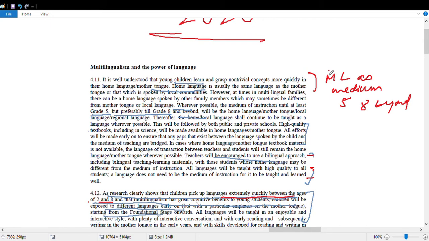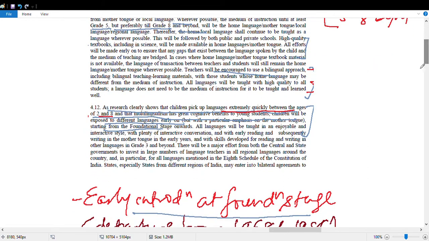But this is not the case that only the mother language would be the medium; they have clearly outlined that teachers will be using a bilingual approach, and moreover the three language formula would be adopted at the early level from age 2 to 8. So it may be at the pre-primary stage, at the foundational stage onwards they have recommended.